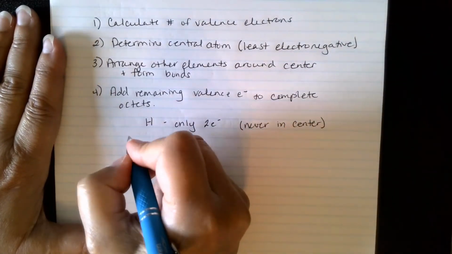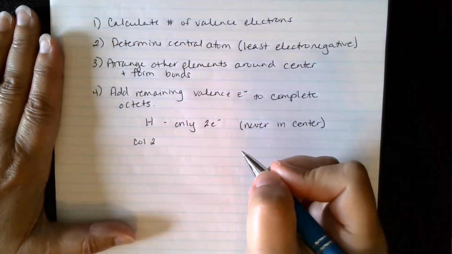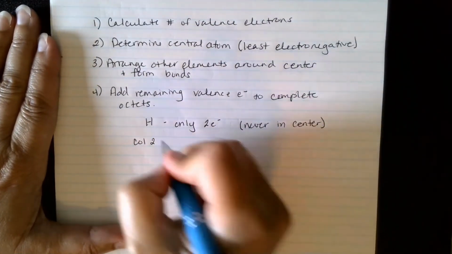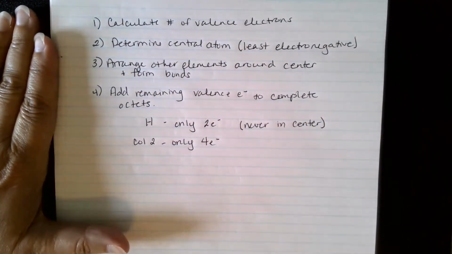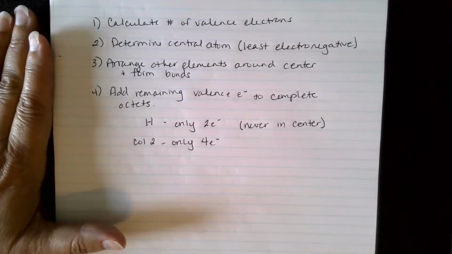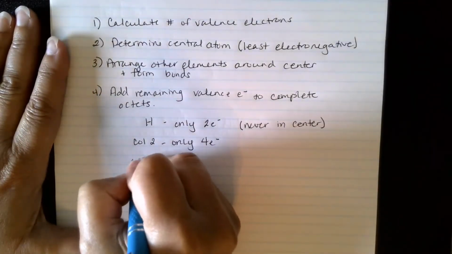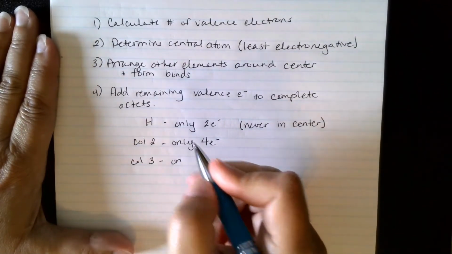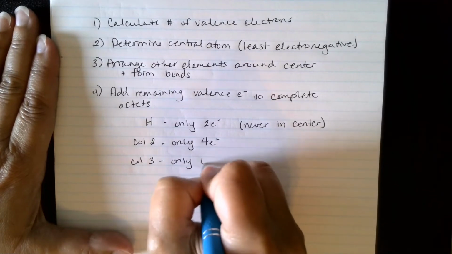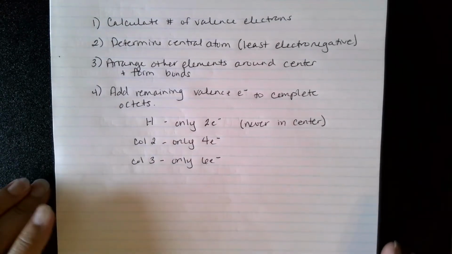When we look at column 2, things like beryllium, magnesium, calcium, they are only going to want 4 valence electrons, meaning they're not going to have an octet. They only want 4 to be full. Column 3, things like boron, aluminum, gallium, they're only going to want 6 electrons. So those 3 exceptions are never going to have an octet of electrons.